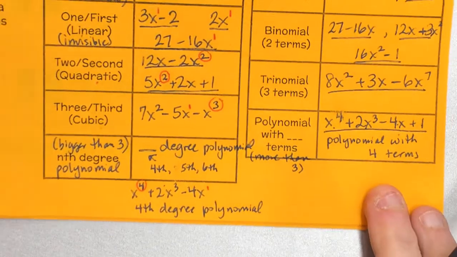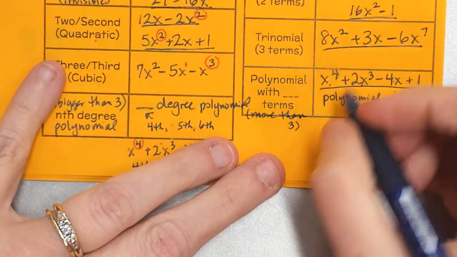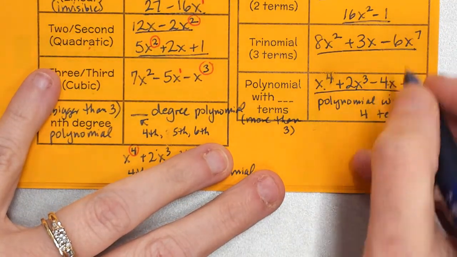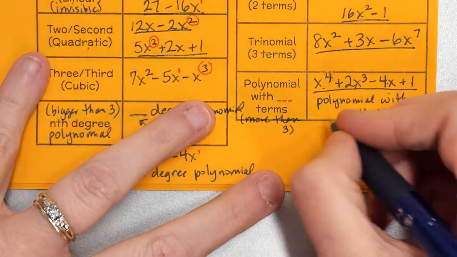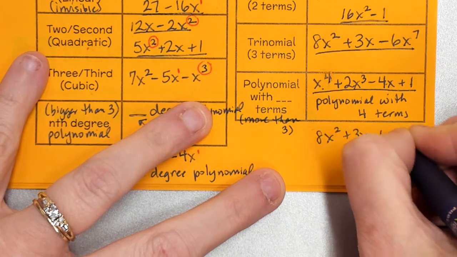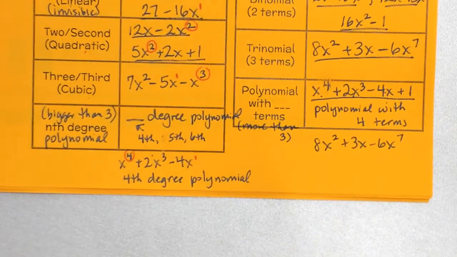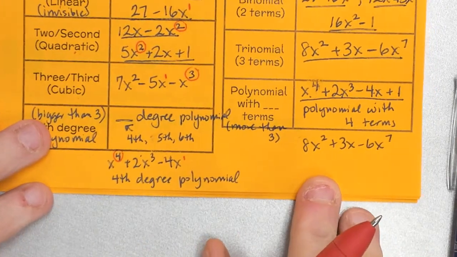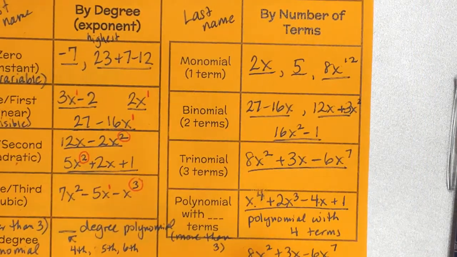Okay? Now, I want to take a look at one that we did before, because kind of jumping off of this, I want to just kind of look at something a little different. So let's look at this one that we had for trinomial, right? It was 8x squared plus 3x minus 6x to the 7th. Let's just real quick rewrite that. 8x squared plus 3x minus 6x to the 7th. Okay? So, when I look at this one, what did I say about this one?